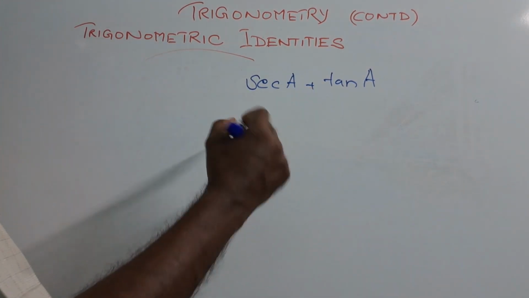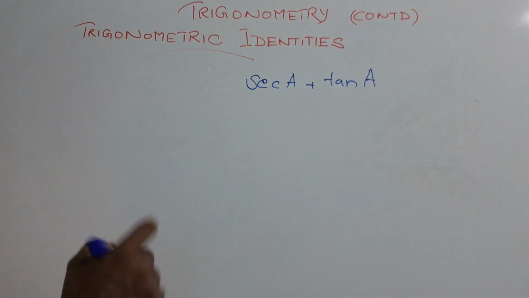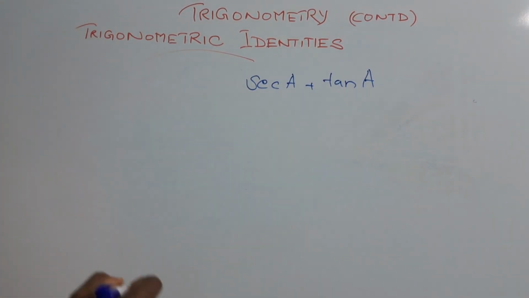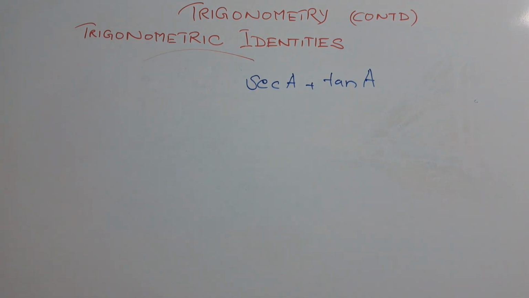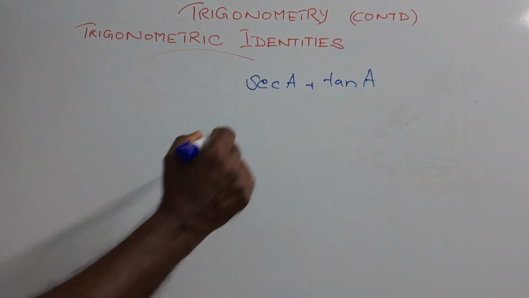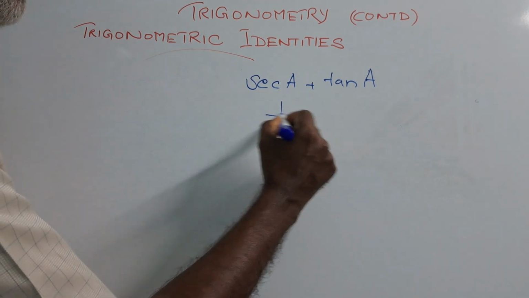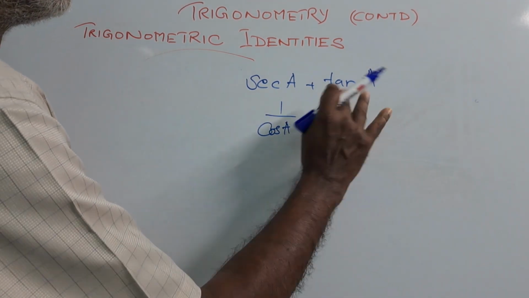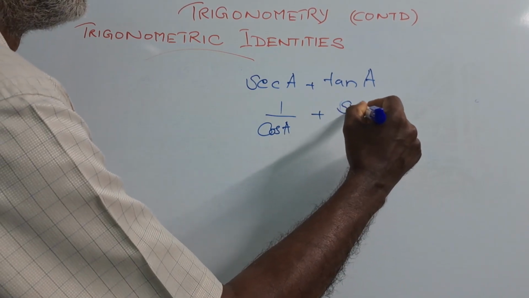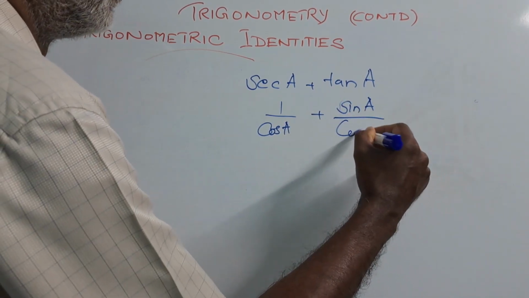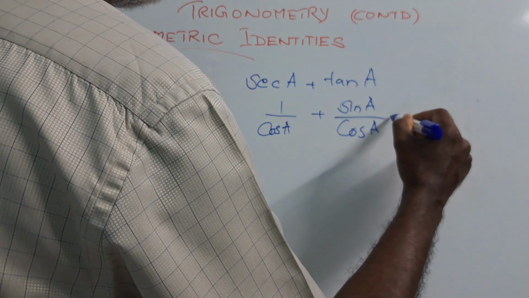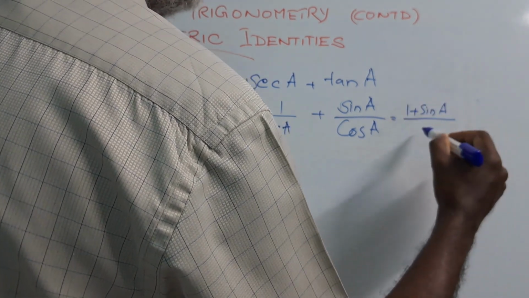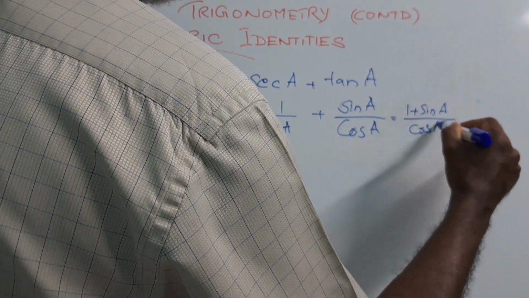Here, when you see sec A and tan A, one thing should come into your memory, that these two can be expressed as fractions having the same denominators. Sec A is 1 by cos A and tan A equals sin A by cos A, which can be expressed as 1 plus sin A by cos A.